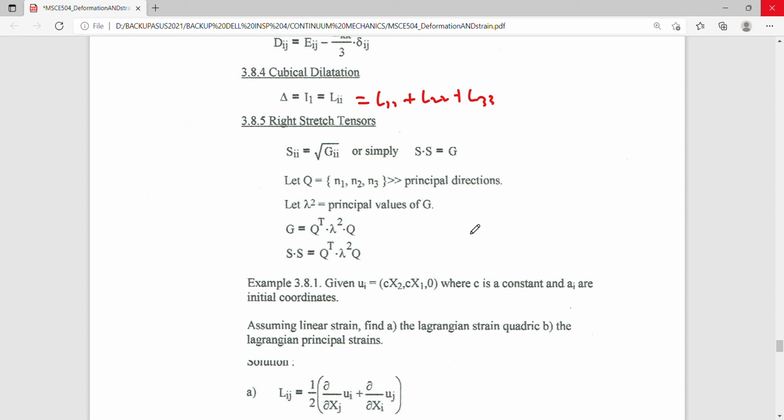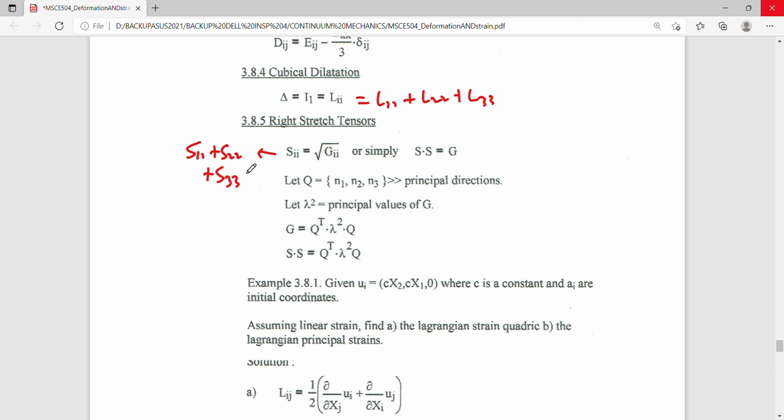And take note that your right stretch is simply given in terms of your Sii, where Sii is simply the sum, okay, of the diagonal components of your stretch.